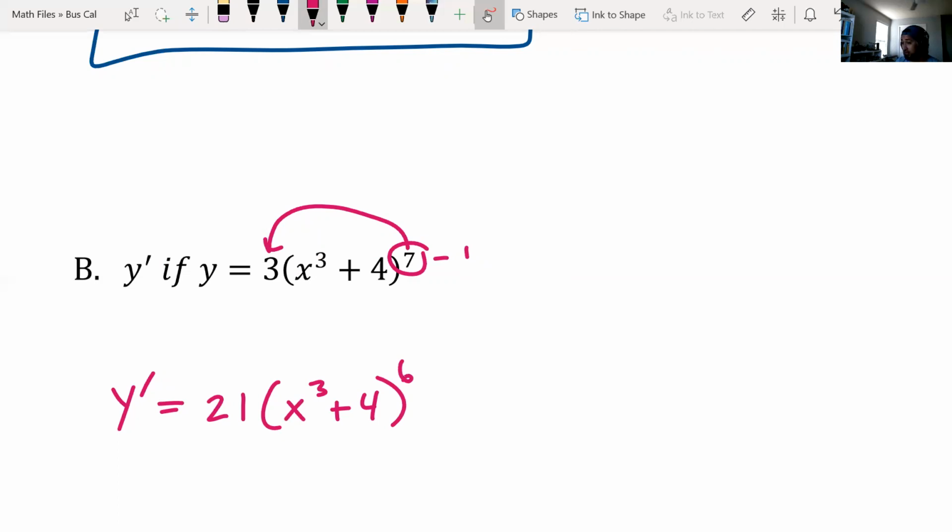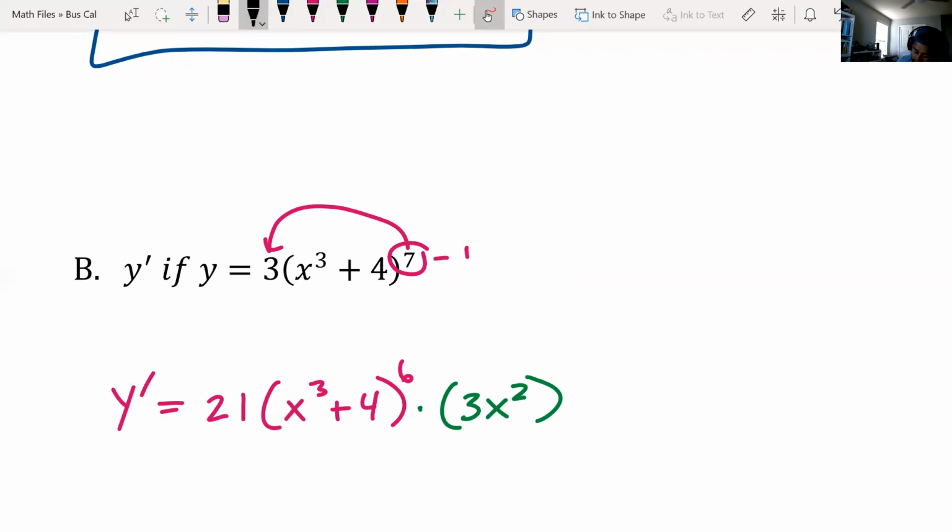There's the derivative of the outside. Then we multiply it by the derivative of the inside, which is going to be 3x squared. And there it is. Derivative of outside times derivative of inside.